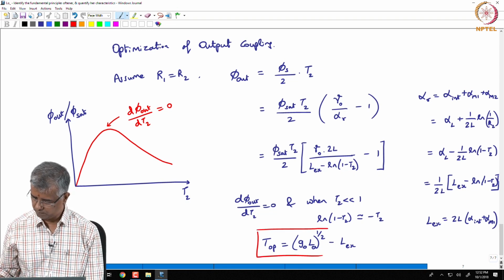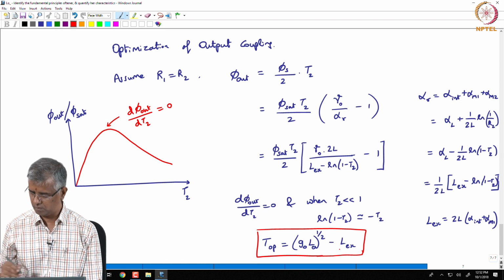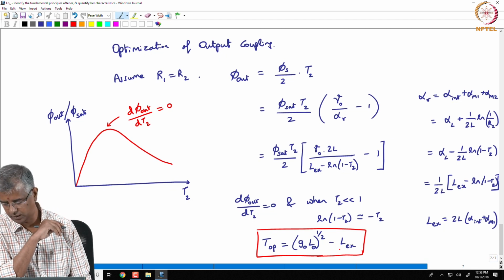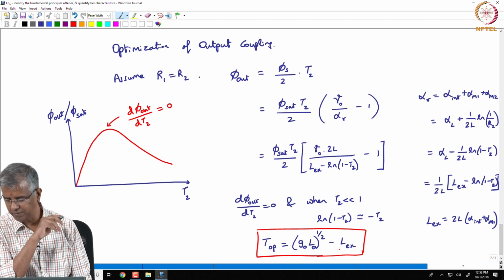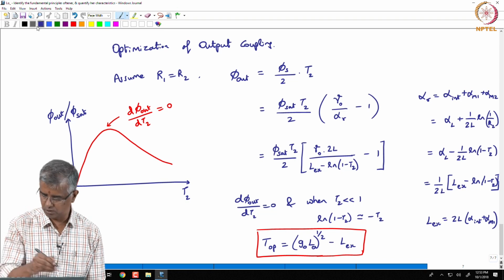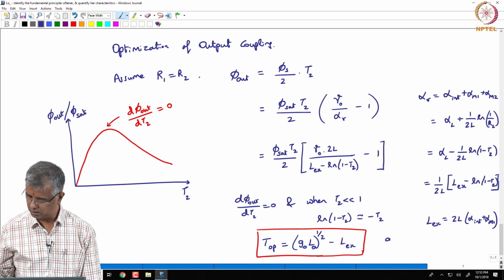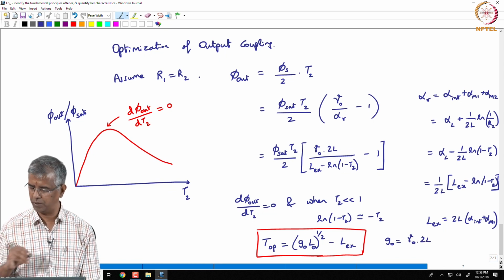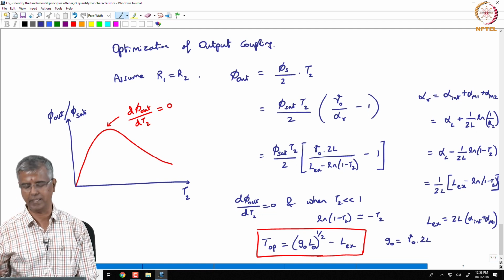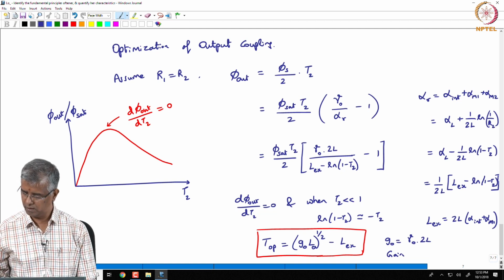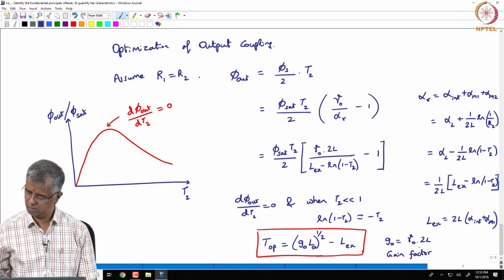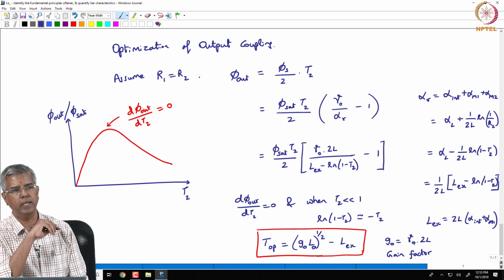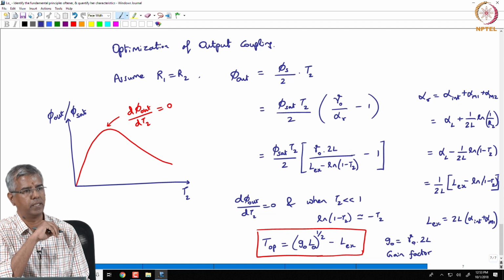So, this is what you get as the optimum transmission for this cavity. This cavity, where I should also mention, G naught corresponds to gamma naught multiplied by 2L, right. That is the gain factor. This is the gain factor for our cavity, and Lx corresponds to the extra loss factor inside the cavity.